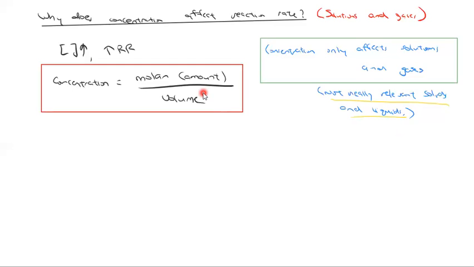So think of it like population density. Because I could have a small country and a large country, and a low population and a high population.